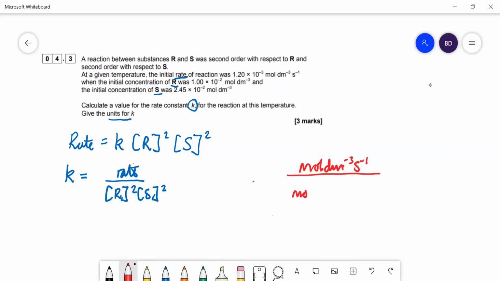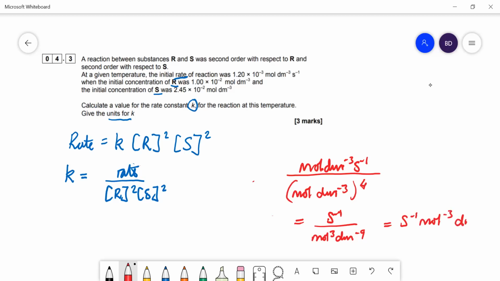We're going to have moles per decimeter cubed to the power of 4 on the bottom. That simplifies to second to the minus 1 over mole cubed dm to the minus 9. Bring it all onto the top line: second to the minus 1, mole to the minus 3, dm to the plus 9. That's our units.